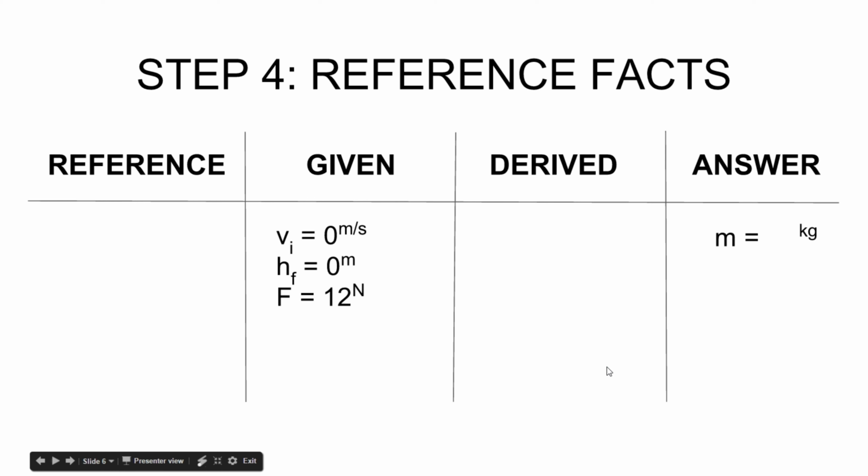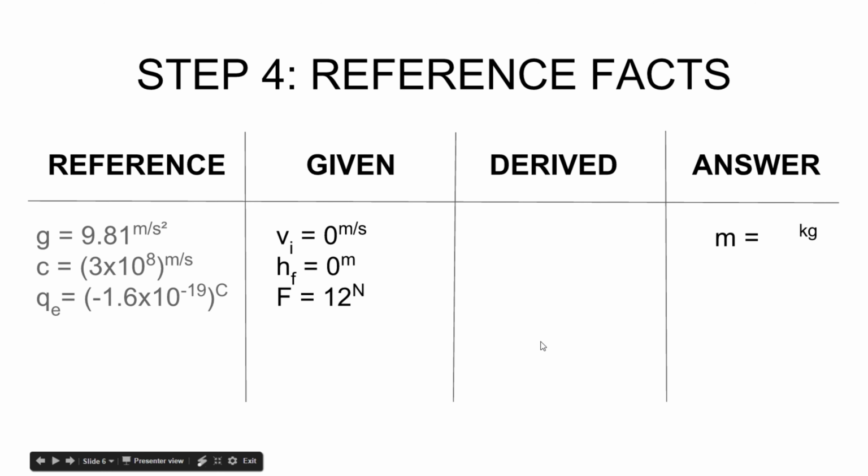Step 4 is to use reference facts from textbooks or the internet and put them in your reference column. Sometimes the given information is not enough, and you need this other information in order to solve the problem. This information might be in the form of constants in nature, such as the acceleration of gravity, the speed of light, or the charge of an electron.